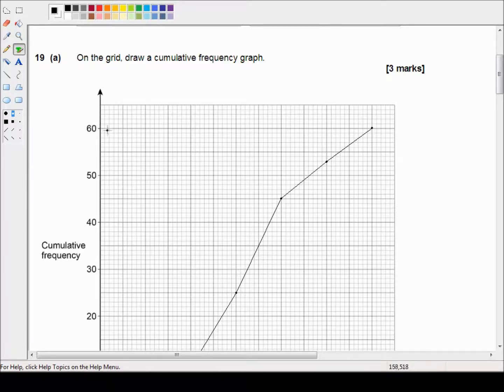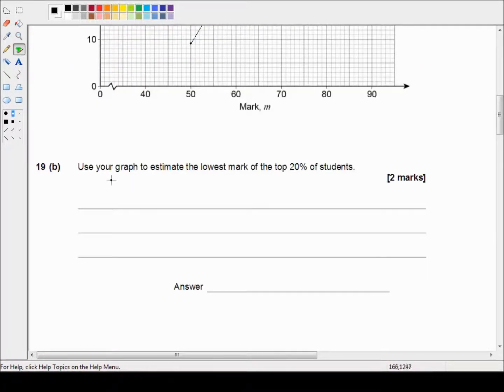Well, that's the same as just calculating 80% of 60. So that's just 60 times 80%, or 60 times 0.8. Alternatively, we could have done 60 minus 0.2, which is 20%, times 60. Both of those are going to come out the same.